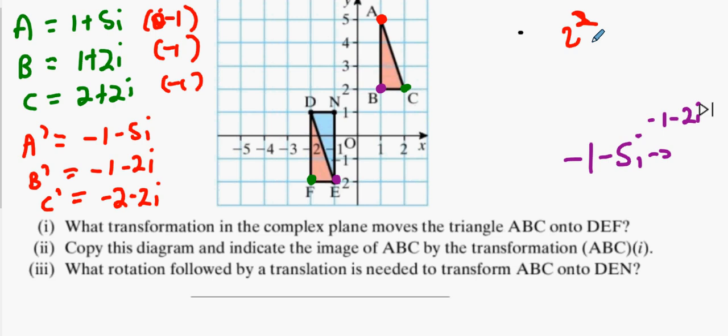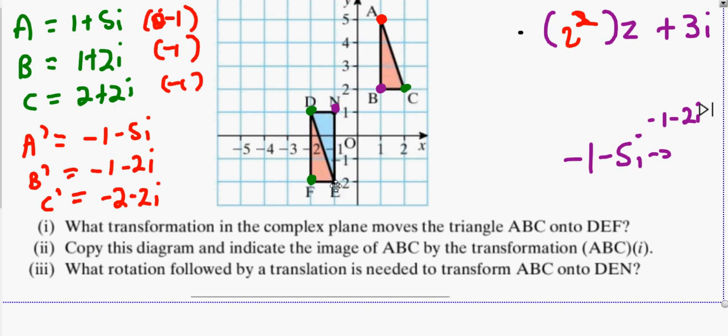So I have to multiply by i squared. So it's i squared Z, and then once I'm done with that, I add on 3i to bring them all back up again. So I turn F into D, E into N, and then the other one comes up and goes in place of E.